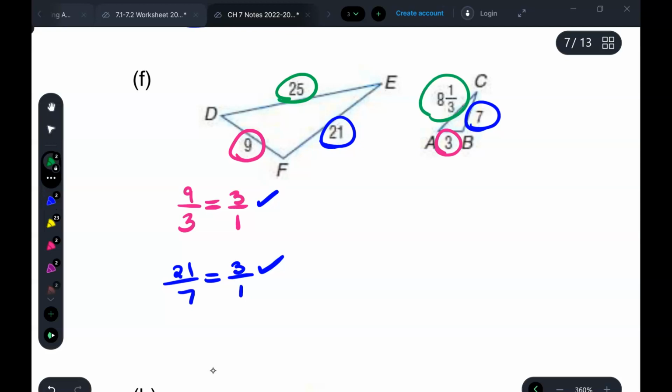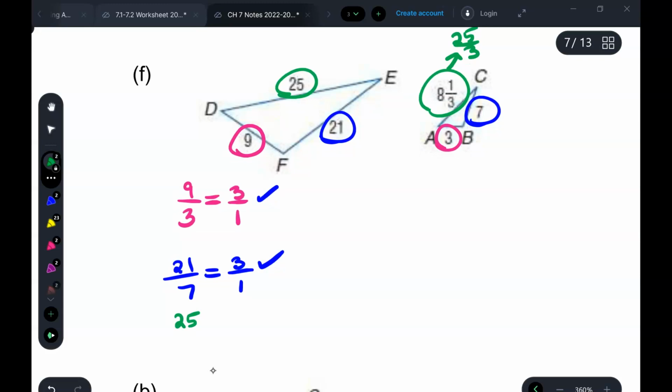25 and 8 1/3. Now, 8 1/3, let's write that out as an improper fraction. What would that be? 25 over 3. So if I'm comparing 25 to 25 thirds, isn't that 25 over 1 times 3 over 25?